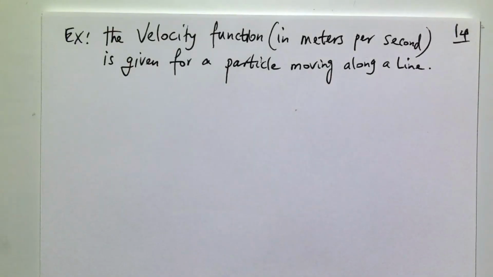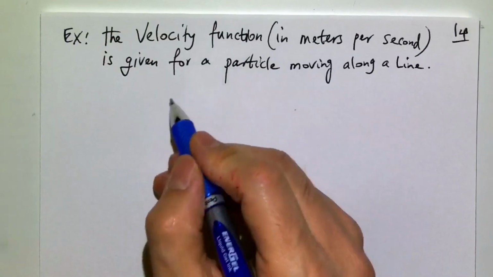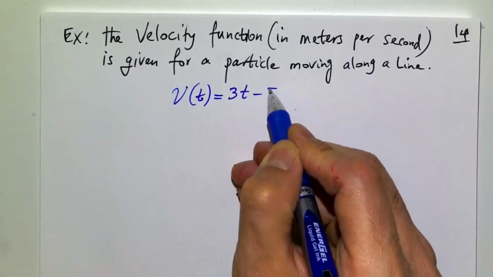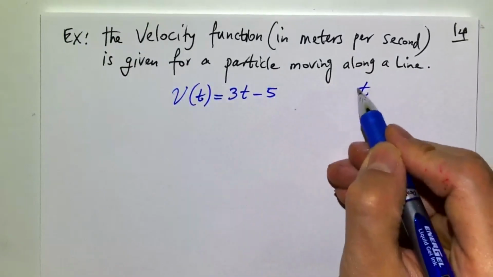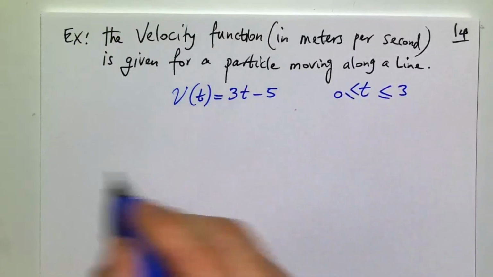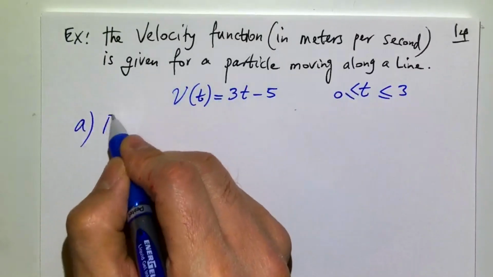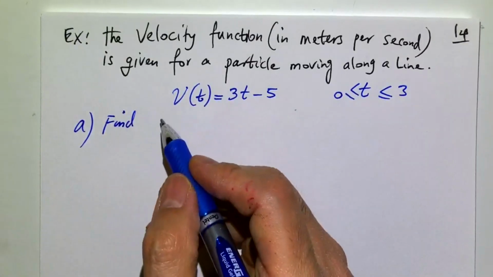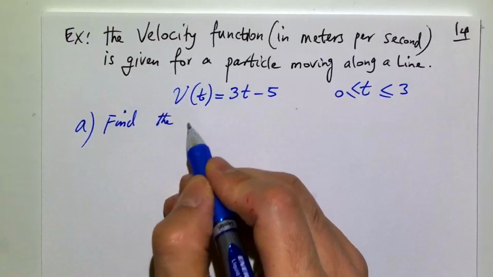And so here's the velocity function: v(t) equals 3t minus 5, t between 0 and 3. And given that, for part A, they say find the displacement.